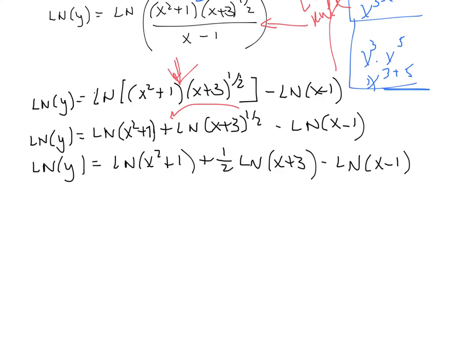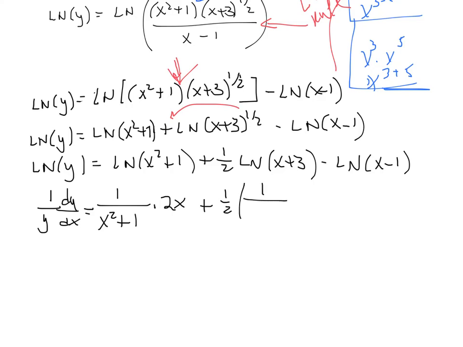lns are easy. You write 1 over what's in parentheses times the derivative of what's in parentheses. But notice I'm doing dy dx, so I actually have to write this as the derivative of ln of y is 1 over y dy dx, implicit differentiation. And then each one of these, I'm going to write 1 over what's in parentheses times the derivative of what's in parentheses. Bring that 1/2 out front.